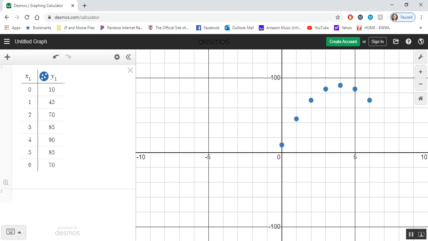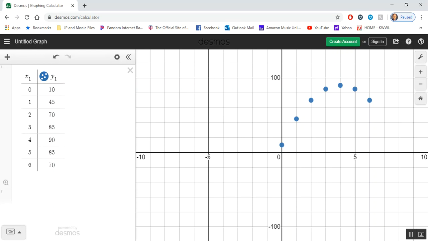Okay, so let's talk about this. It asks about average velocity, and if we're talking about the y-axis right here being something that's measured in feet, and the x-axis in terms of seconds, the rise in feet over the run in seconds is going to produce a slope where the unit is feet per what? Feet per second. Isn't feet per second going to be some kind of a velocity unit? It is, isn't it?